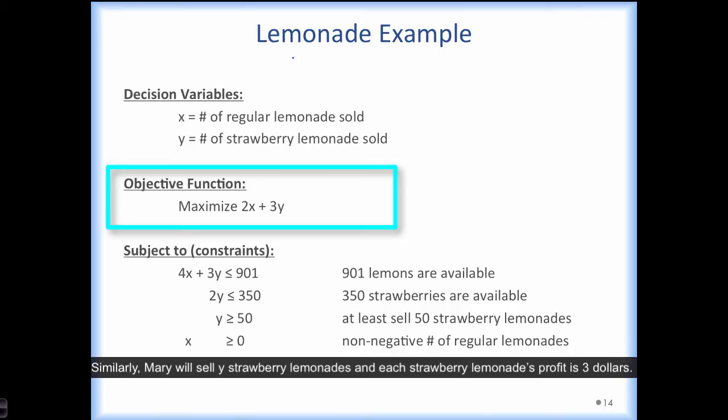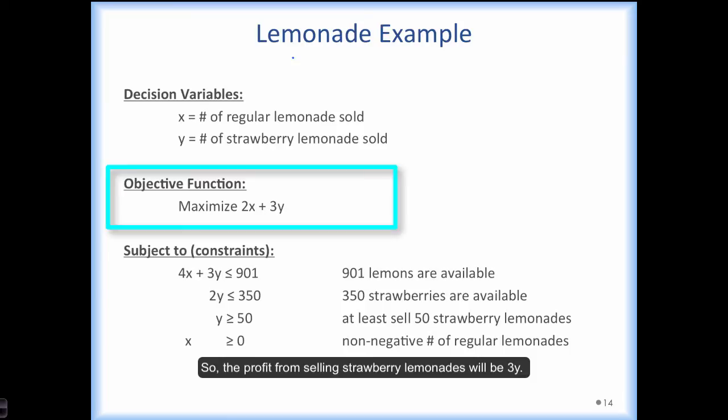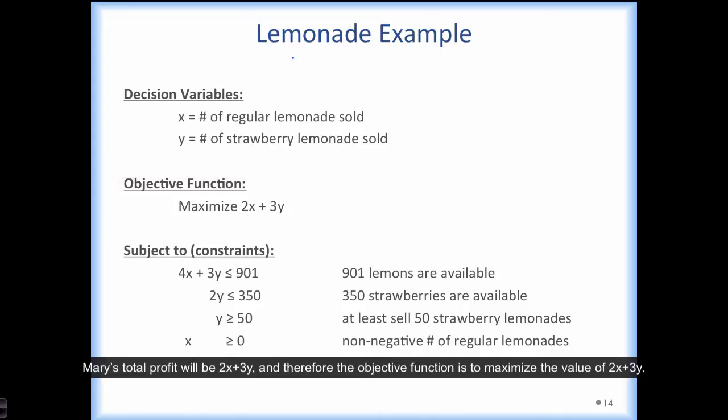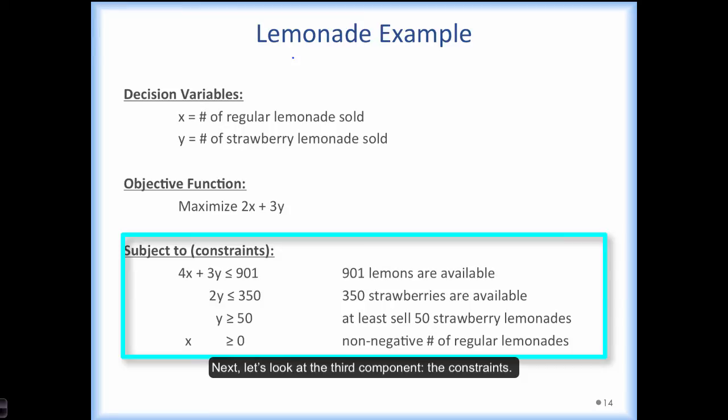Similarly, Mary will sell strawberry lemonades, and each strawberry lemonade's profit is $3. So the profit from selling strawberry lemonades will be 3y. Mary's total profit will be 2x plus 3y, and therefore the objective function is to maximize the value of 2x plus 3y.